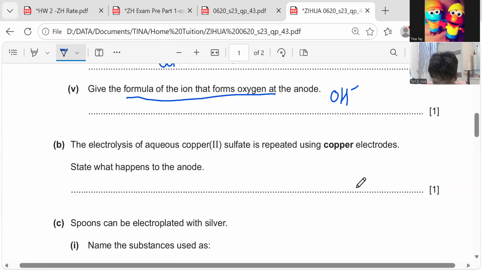When using copper electrode, the anode decreases in mass.